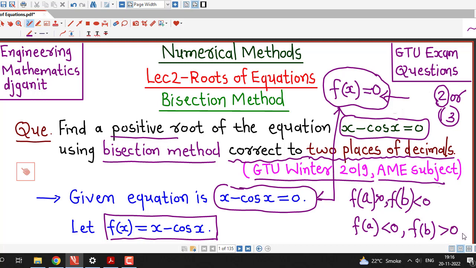So the first step is to find the interval which contains the root of the given equation, which we can find by trial and error.